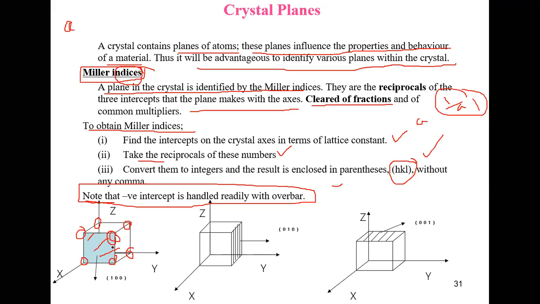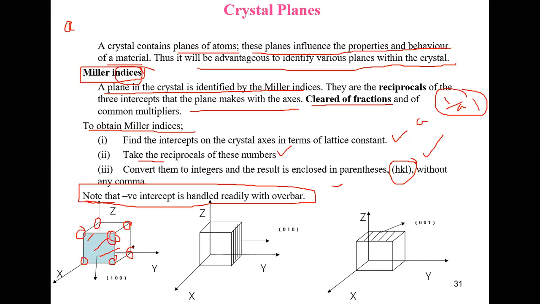Look, this plane is parallel to the y-axis. If it is parallel to the y-axis, they will not actually intercept. However, to solve this problem, I need an intercept. Normally, we say that two parallel lines will meet each other at infinite distance.